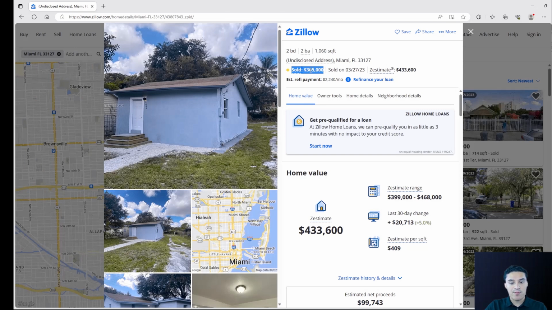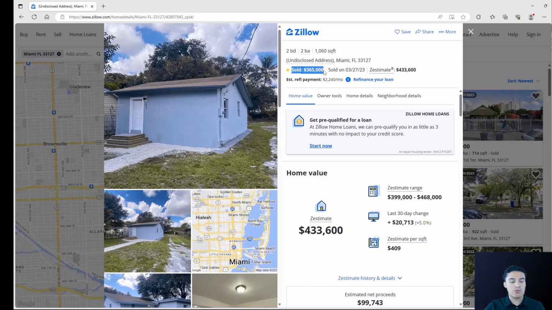So you do this research, because if you find a property, I'm going to give you an example. You find a property and someone comes to you and says, hey, I got this property here in Miami, zip code 33127. It's a 2x2 and it has 1,200 square feet. It needs rehab, and you can sell the property for $400,000 once you repair it, and the asking price is $340,000.